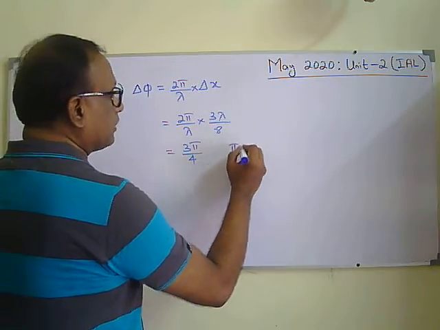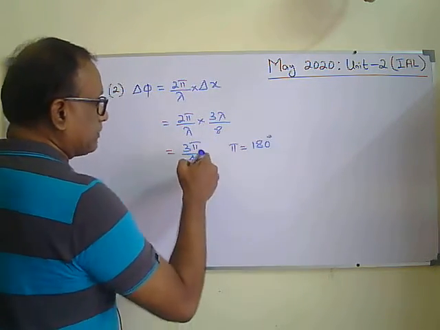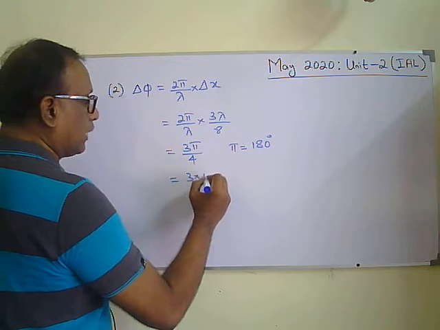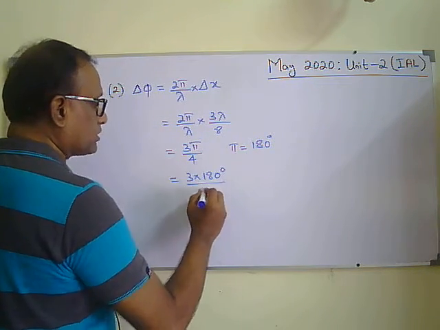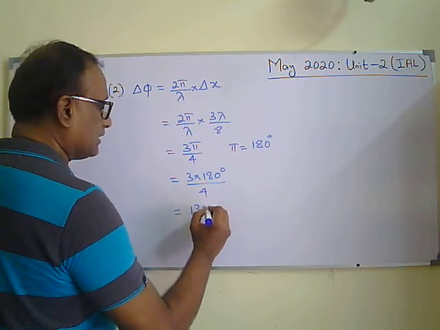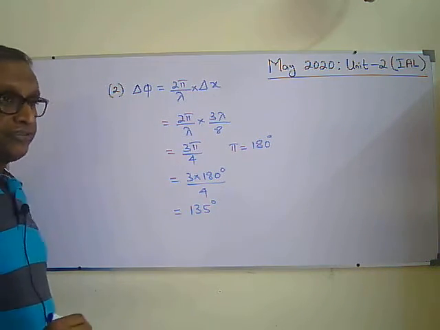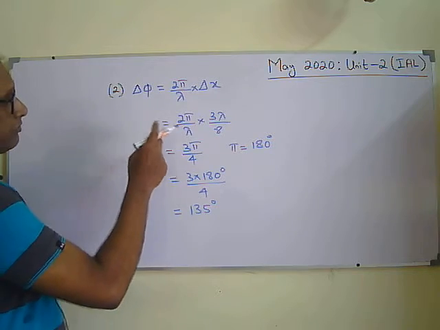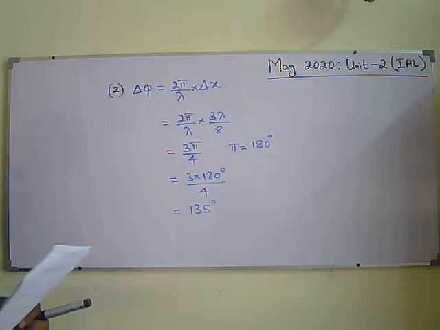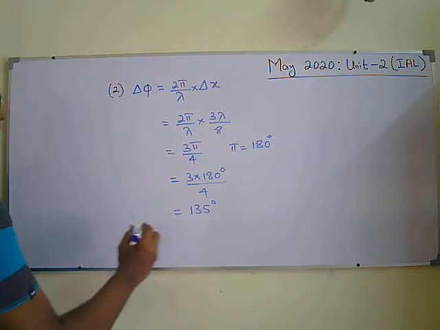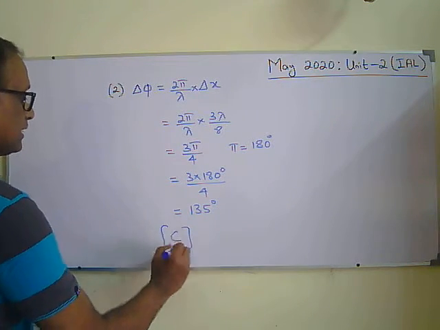You know pi is equal to 180 degrees, so substitute 3 times 180 divided by 4. You will get 135 degrees. That is the phase difference corresponding to a path difference of 3 lambda by 8. So that answer is given as answer C. For question number 2, the correct answer is C.